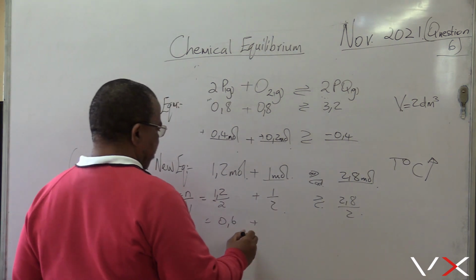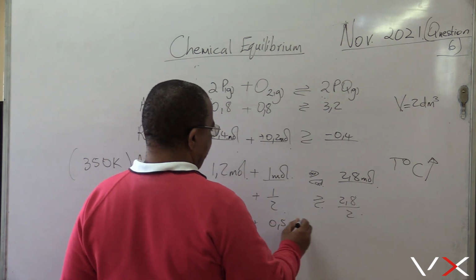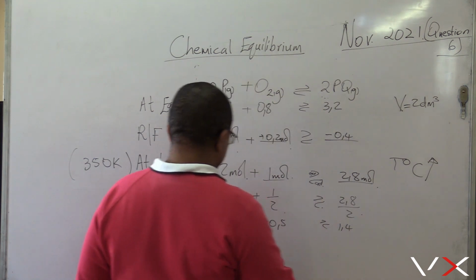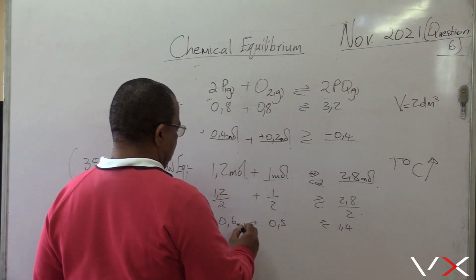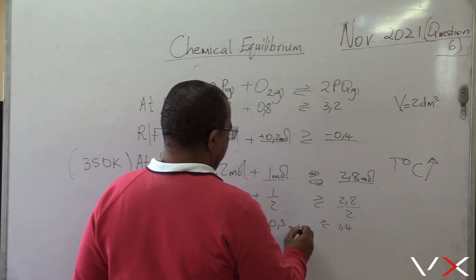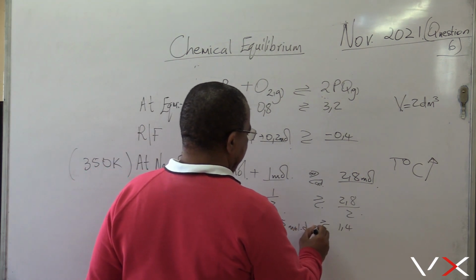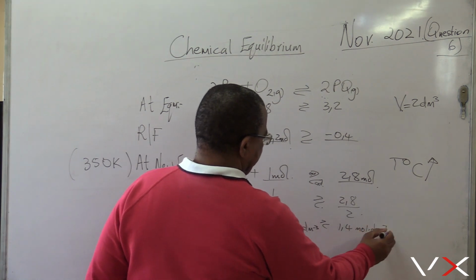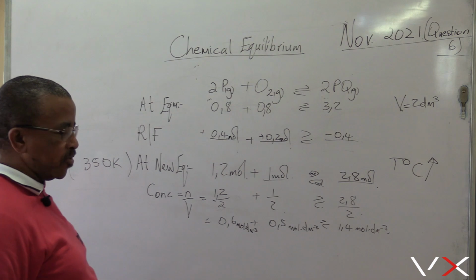What is 1 divided by 2? 0.5. Lana sinangagina 1.4. Mole per cubic decimeter. Nalana mole per cubic decimeter. Nalana inina mole per cubic decimeter. So says yafuna the value of Kc.